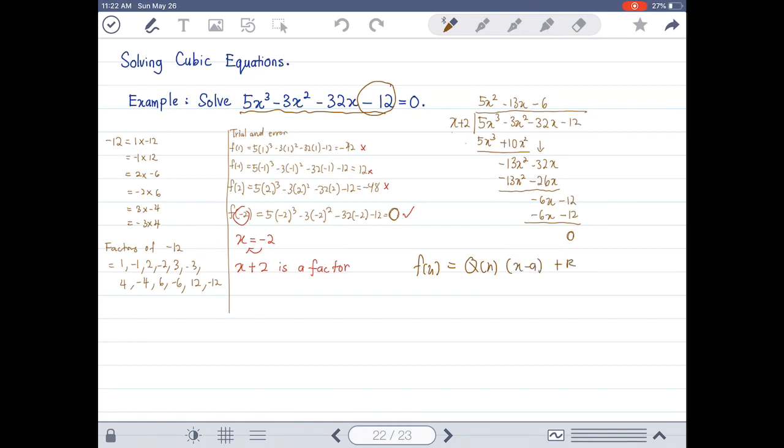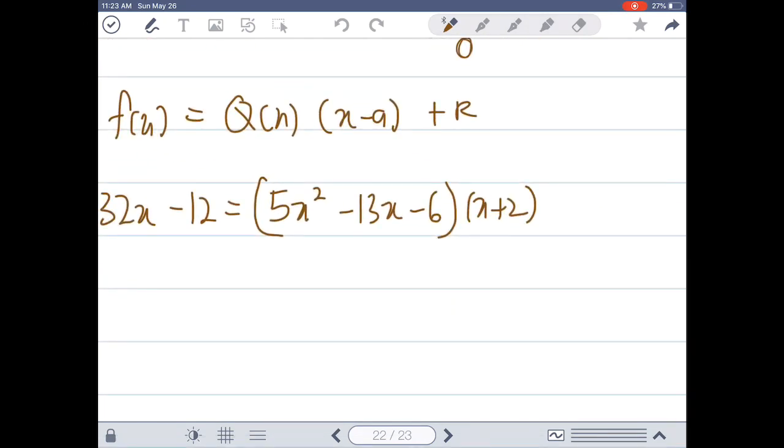So f(x), 5x to the power of 3 minus 3x squared minus 32x minus 12, is just equal to q(x), 5x squared minus 13x minus 6, times the divisor x plus 2, plus the remainder 0. So we don't have to write anything for the remainder. Now, can we factorize this?